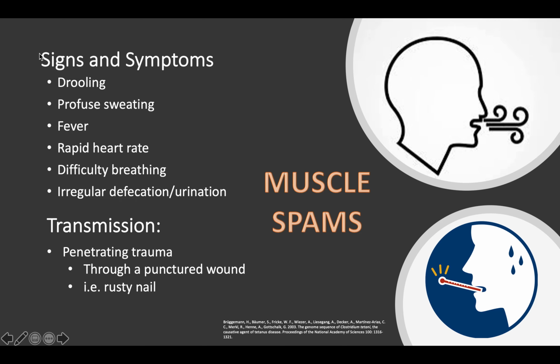A very common example is being punctured by a rusty nail or even a needle. Since these spores are found in several places in the environment, it's easier for them to enter one's body. Any type of open wound gives the spores an easy opportunity to enter the body.